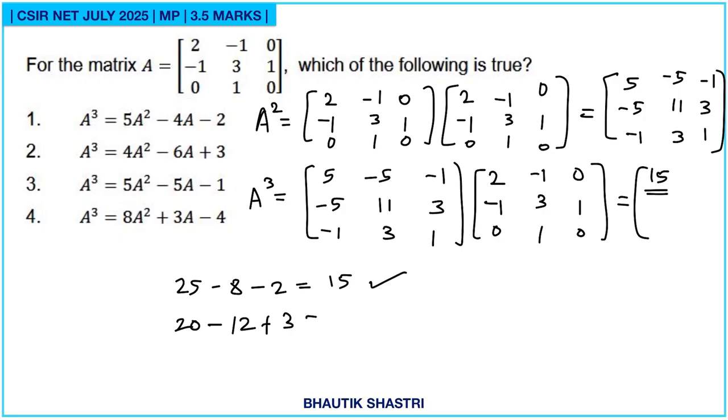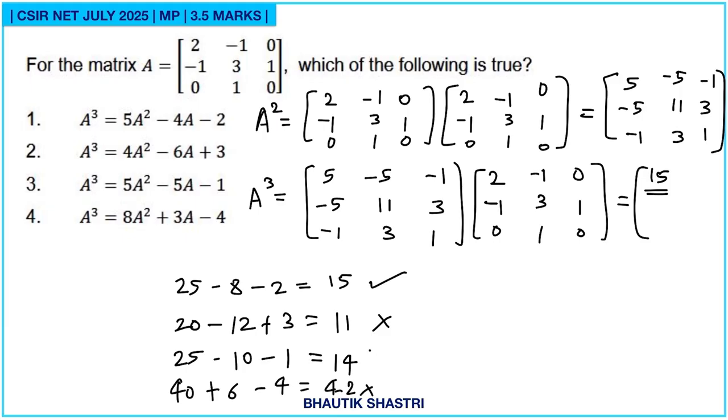We have to check all the options. If none of the other options are matching, then we can say that one option is correct. Similarly, for the third option, 5 into 5 is 25, minus 5 into 2, which is 10, minus 1, this is 14. For the last option, we get 40 plus 6 minus 4 is equal to 42. So the last three options are not matching, so the first option is correct.